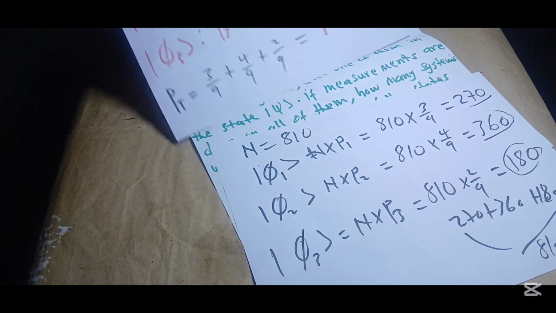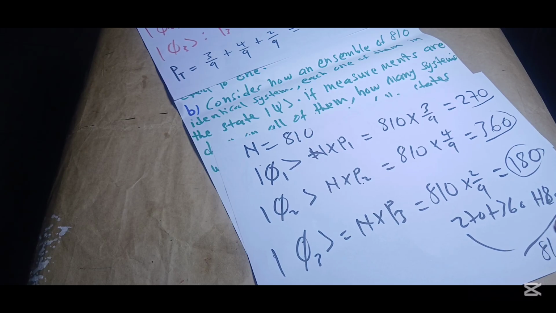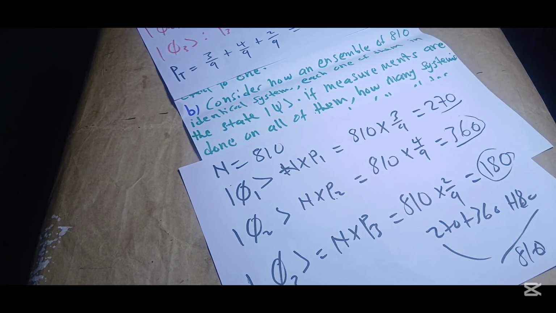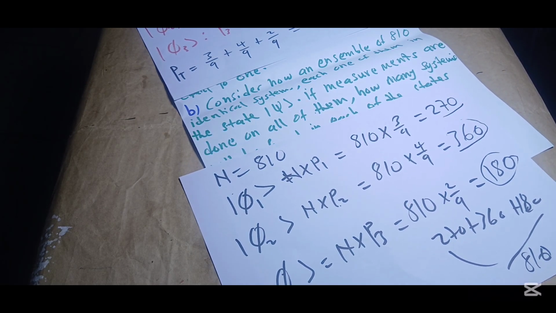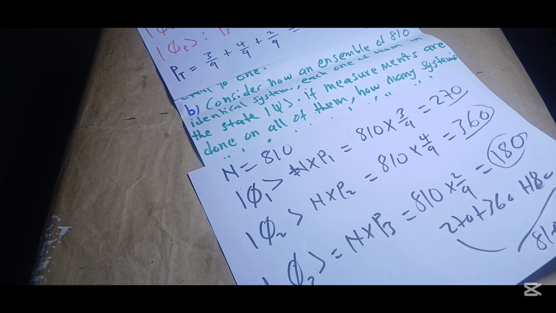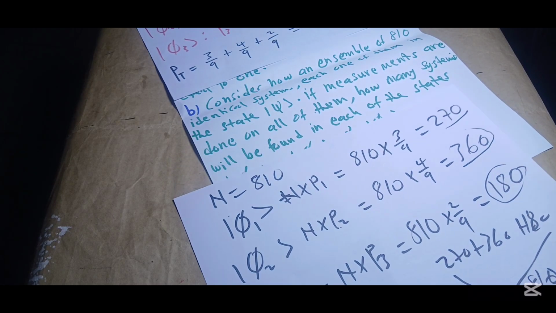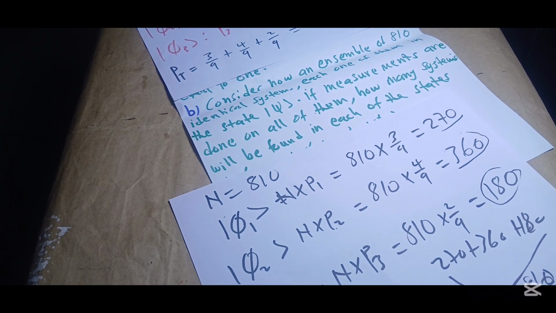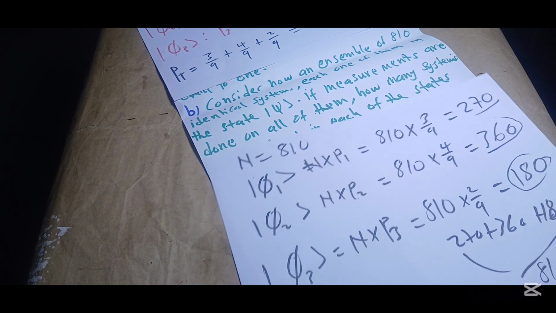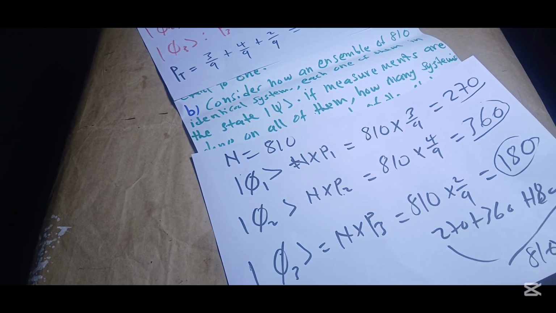And part B is asking us that an ensemble of 810 measurements were taken, and that we should look for how many systems will fall on phi 1, phi 2, and phi 3.